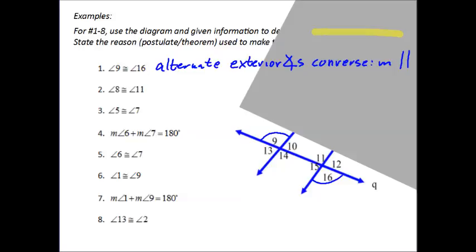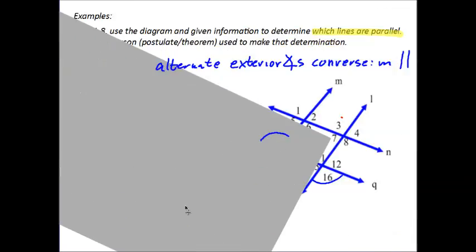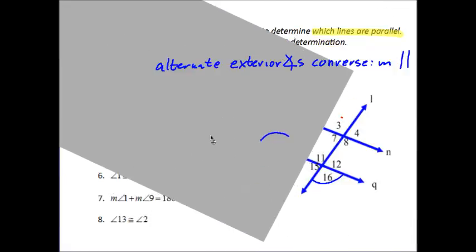Alright, let's move on to number 2. Angles 8 and 11. So let's find where 8 and 11 are, and let's move our piece of paper so we can cover the stuff we don't need. Angles 8 and 11 are congruent.